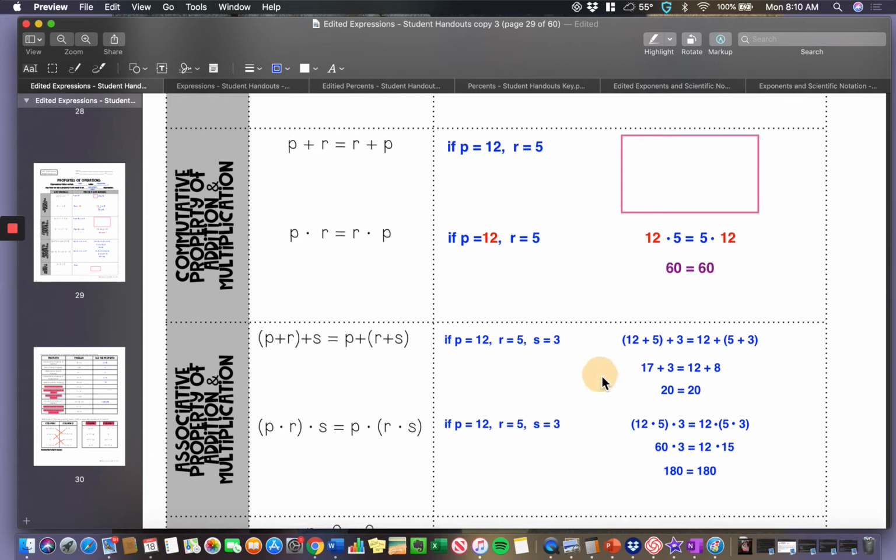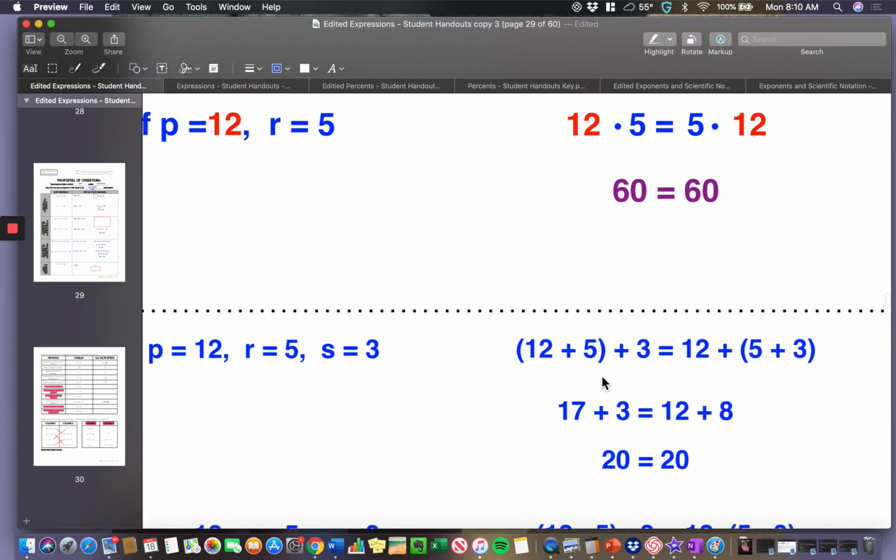My first example, I started off with my grouping symbols around 12 and 5, adding 3, and then I moved my grouping symbols to around the 5 and the 3, adding 12. So on this side, when I did my order of operations, I had 12 plus 5 equals 17, and then I add 3. On the other side, I had 5 plus 3 equaled 8, and then I'm adding 12.